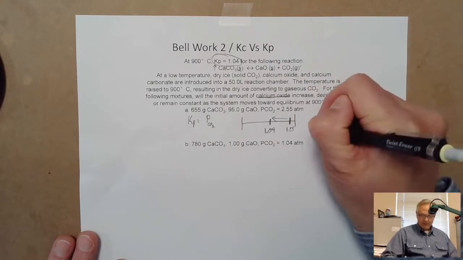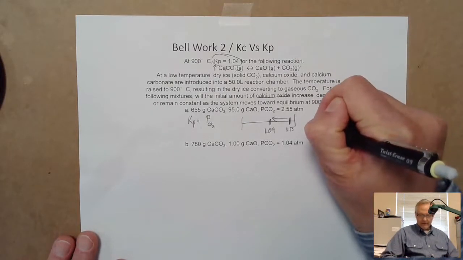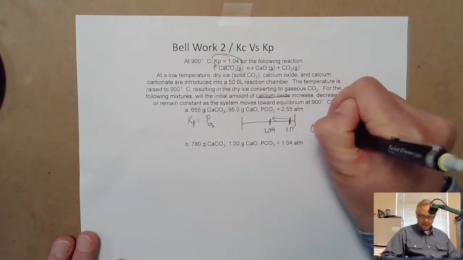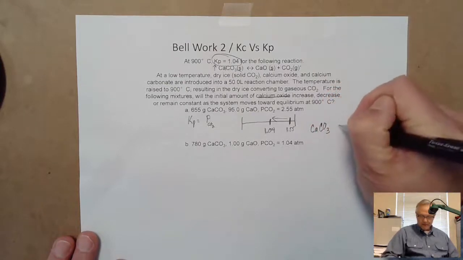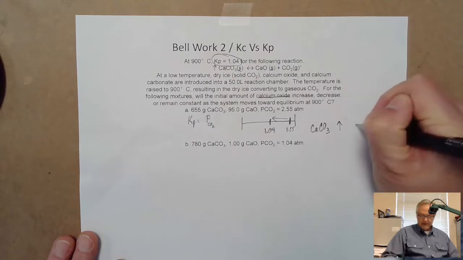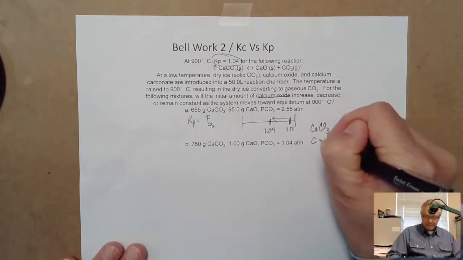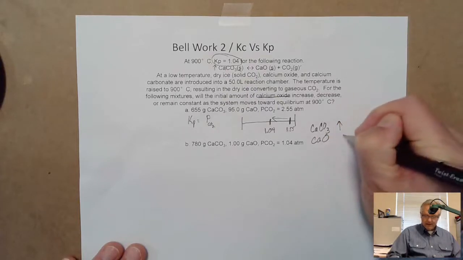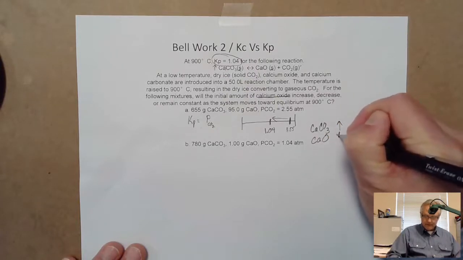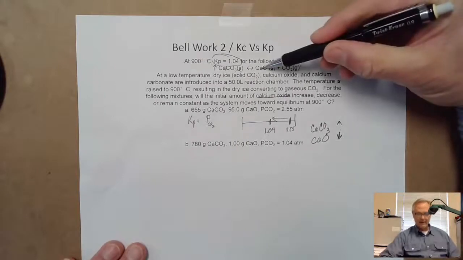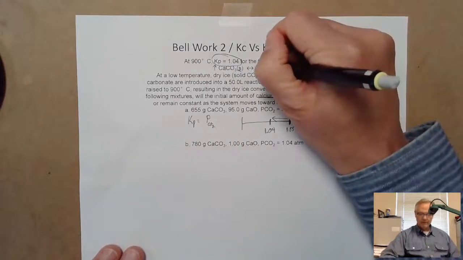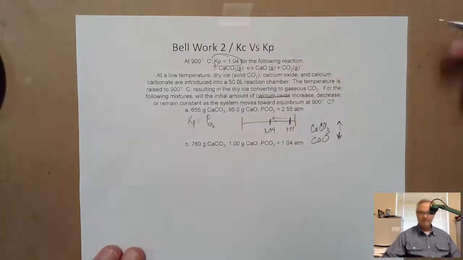So if the reactants are going to be favored, then the calcium carbonate is going to increase, and the calcium oxide is going to decrease. The calcium oxide is here, carbonate here, so this one would be consumed as it went that way.